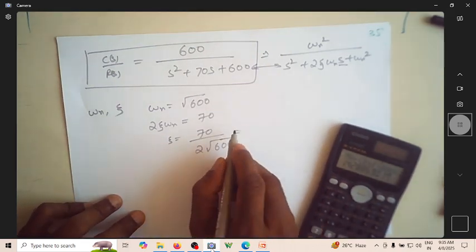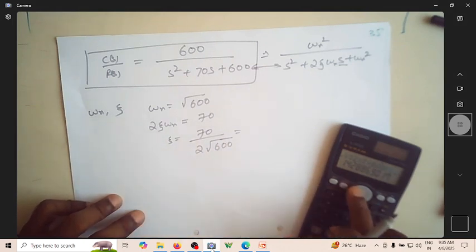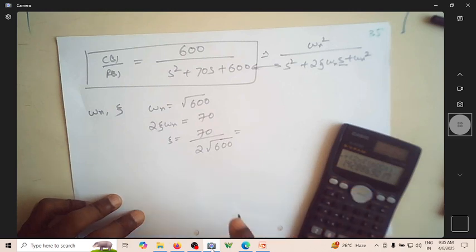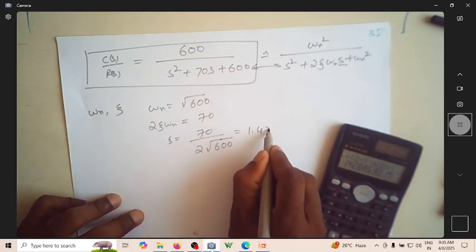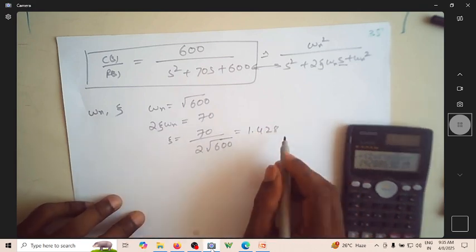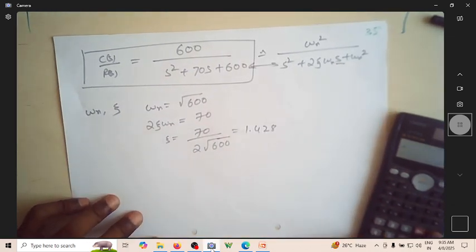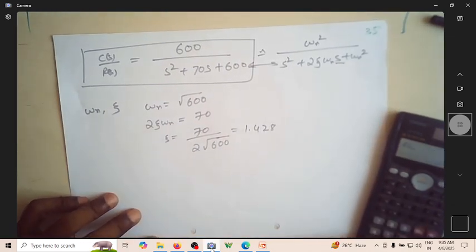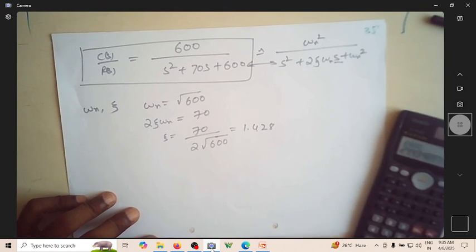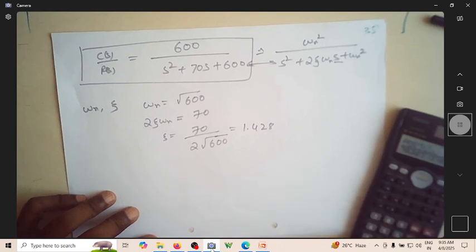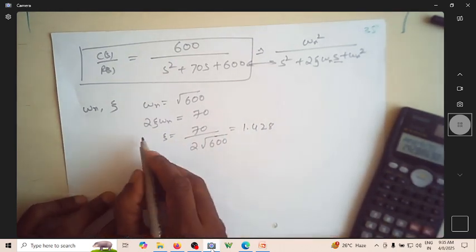So this happens to be 1.428. So root of 600 is 24.49 into 7. This is the value of zeta.